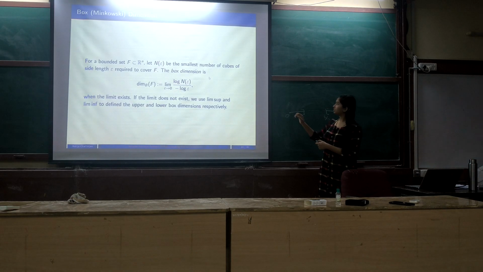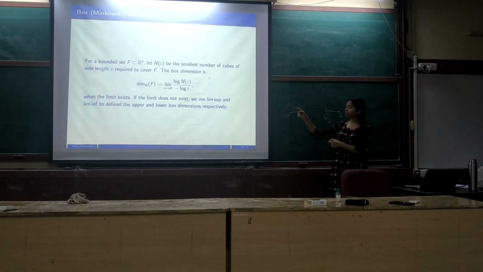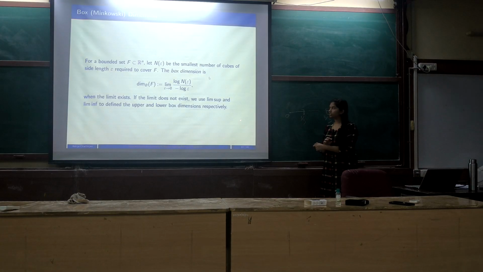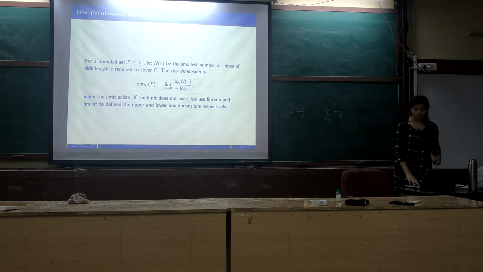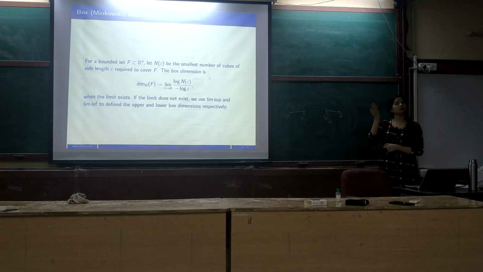Then your box dimension will be the limit as epsilon tends to 0 of log of n of epsilon by log of 1 by epsilon. So this is basically the definition, and I will give you examples. Also, when this limit does not exist, you have the concepts of upper box dimension and lower box dimension, so basically the lim sup and the lim inf of this.